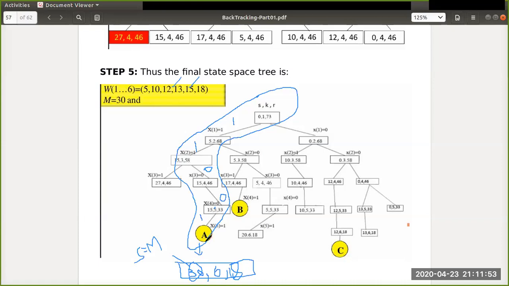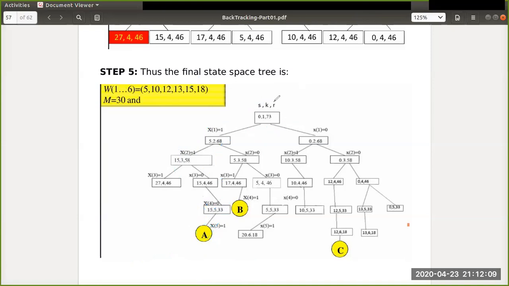Another level is also there, down for A, not constructed. It stopped here because the solution is found. After that, by backtracking, I am finding the solution. One solution is this first one. Another solution is this, including the weight of the first item, that is 5.